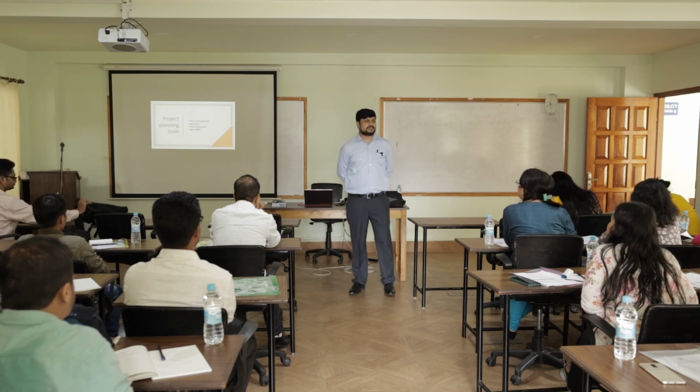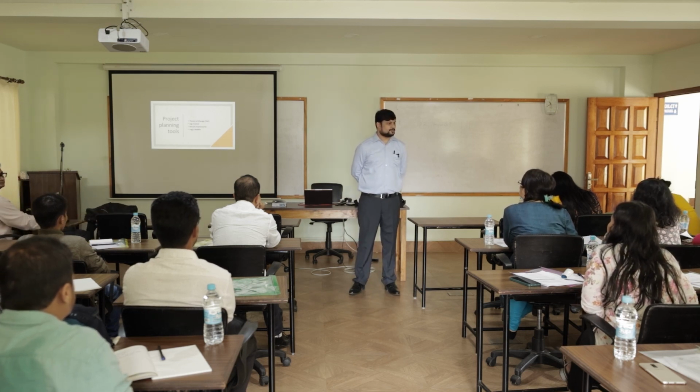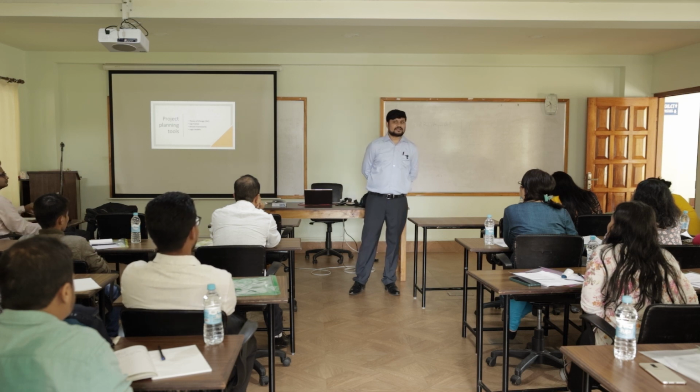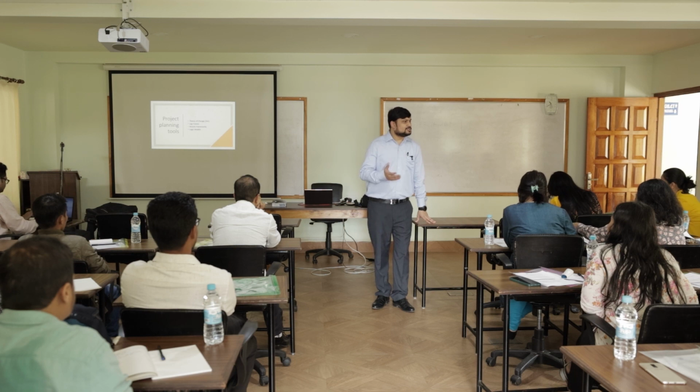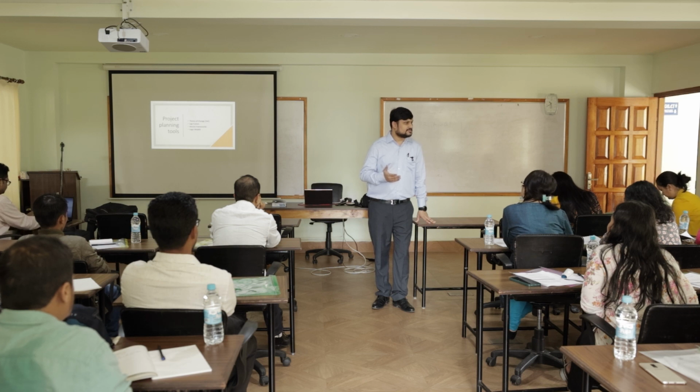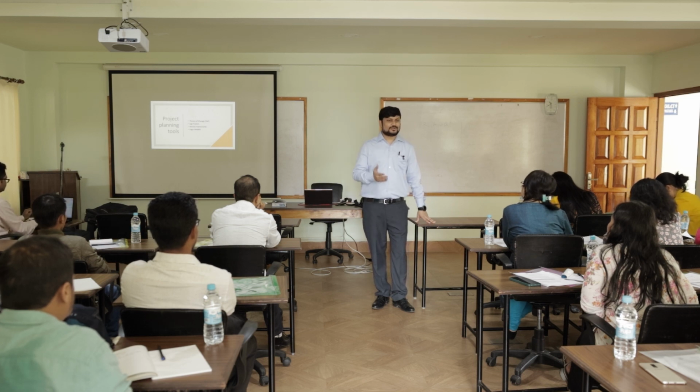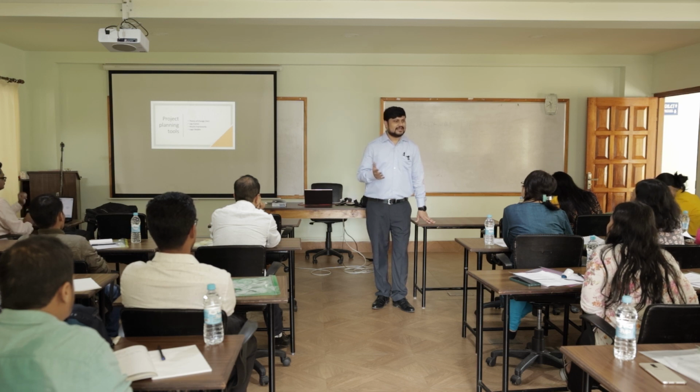Theory of change basically talks about what goes into the project. What are the different kinds of activities that you're going to undertake as part of your project? And if you do those activities, what is it going to translate into? What is the output of each of these activities? And if you get those outputs, what will be the outcomes of those outputs? And finally, you talk about the impact level indicators.